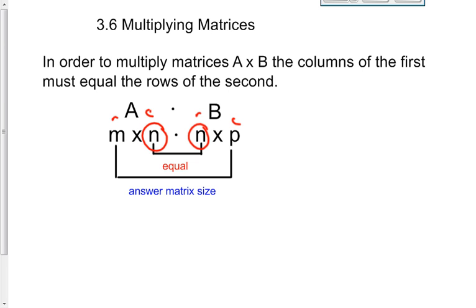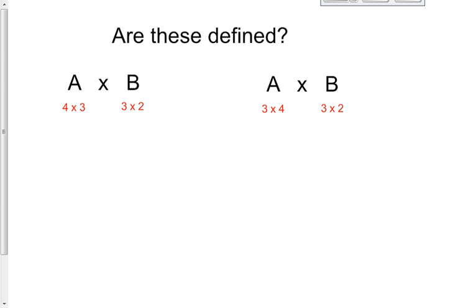So if those two numbers are the same, then yes, you have a definable matrix multiplication, and the answer matrix size will be the leftover values, the rows from here and the columns from the B matrix. So the size would be m by p when you're done. So if the number of columns in the first matrix is equal to the number of rows of the second matrix, you do have a definable matrix multiplication.